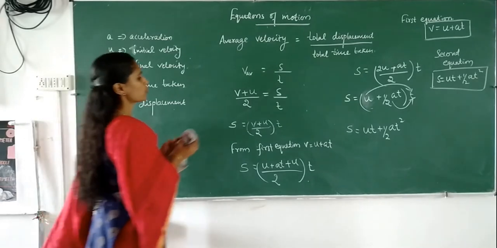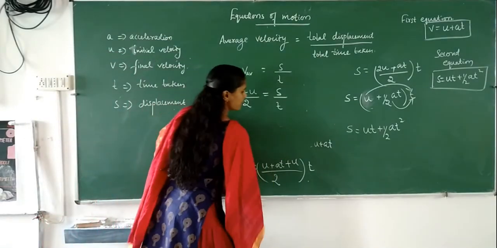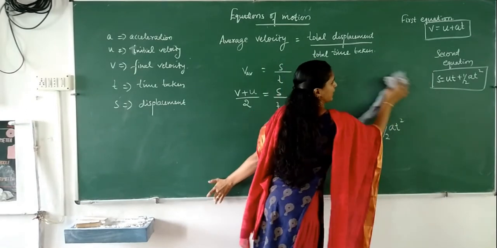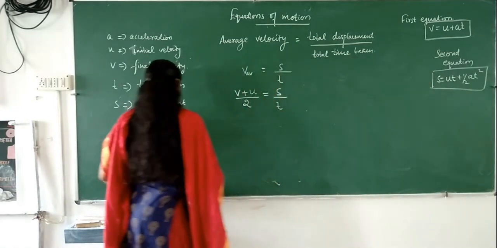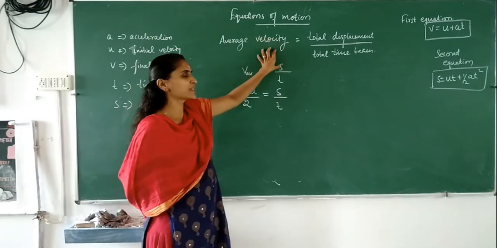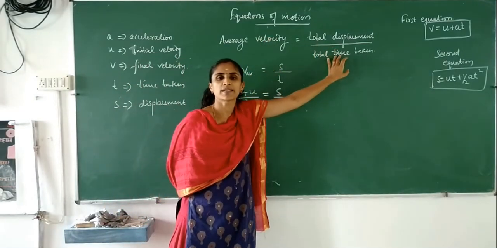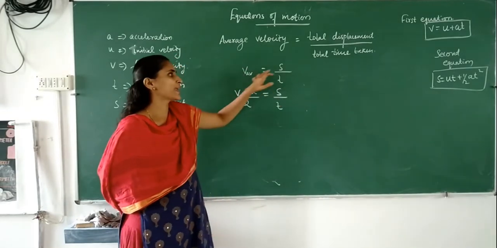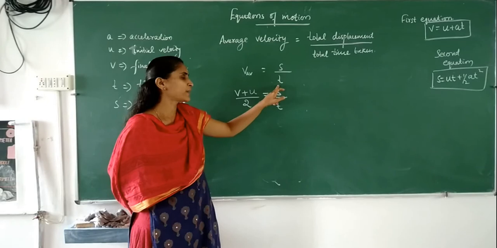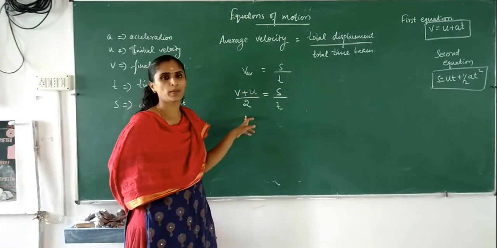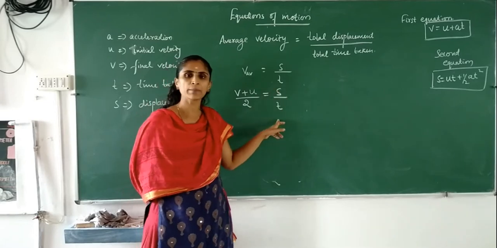To derive the third equation, we follow the same method, starting from the definition of average velocity itself. Average velocity can be written as total displacement divided by total time taken. Total displacement is s, total time taken is t. So average velocity is equal to v plus u by 2, which is equal to s by t.